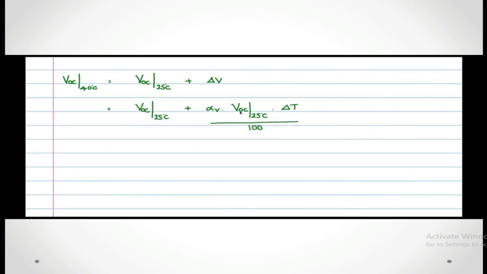So VOC at 25 degrees centigrade plus alpha V into VOC at 25 degrees centigrade into delta T by 100. Alpha V and VOC at 25 degrees centigrade can be substituted from our data sheet. By taking VOC at 25 degrees centigrade common, we can obtain this expression.